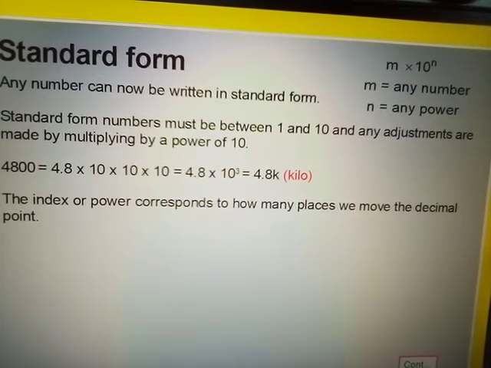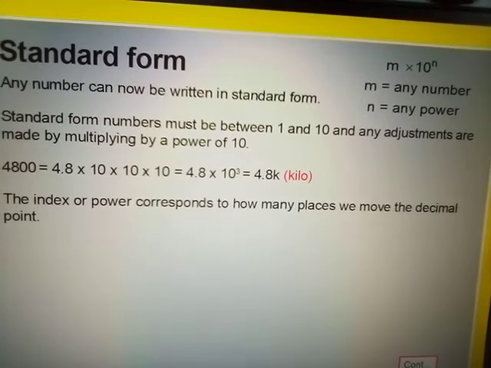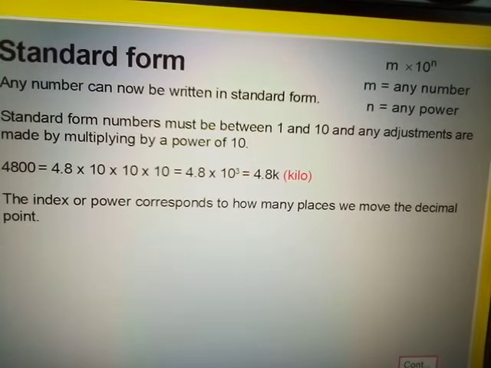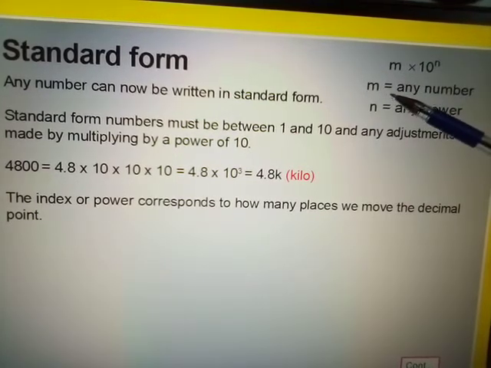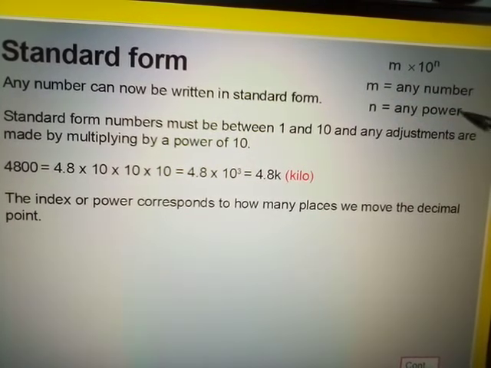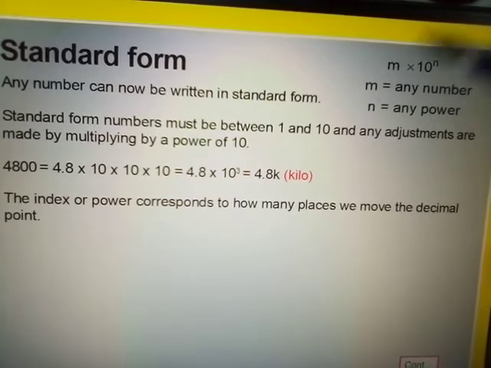Okay. Now the index of power corresponds to how many places we have moved the decimal point. Here, m times 10 to the n, m equals any number, n equals any power. Okay, now that's all we're saying here.